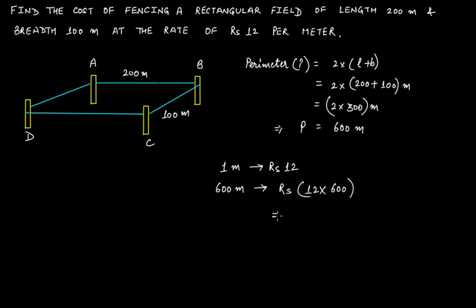And if you try to solve it, this will be rupees 7200. This is the final cost of fencing when the rate is rupees 12 per meter.